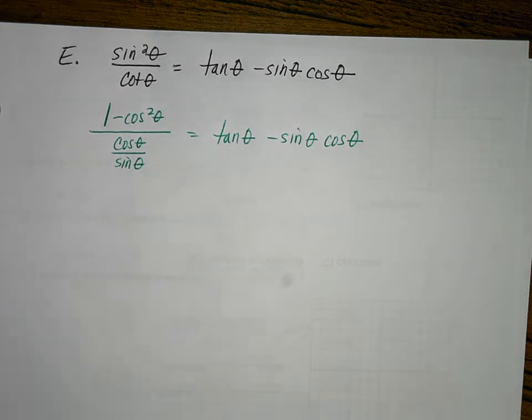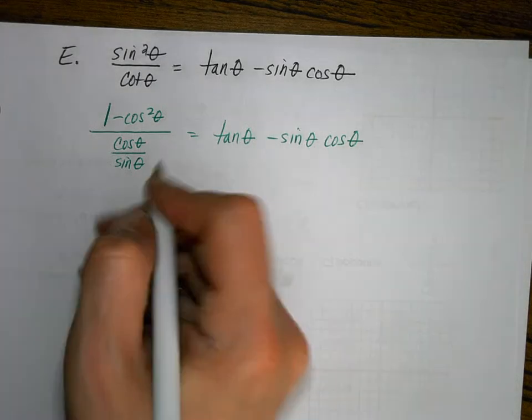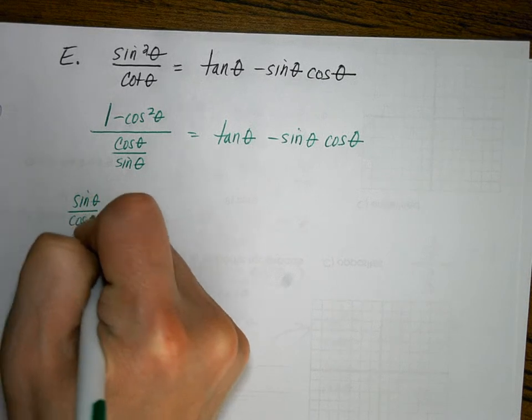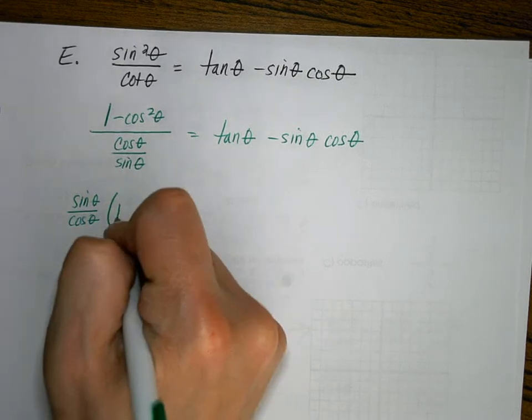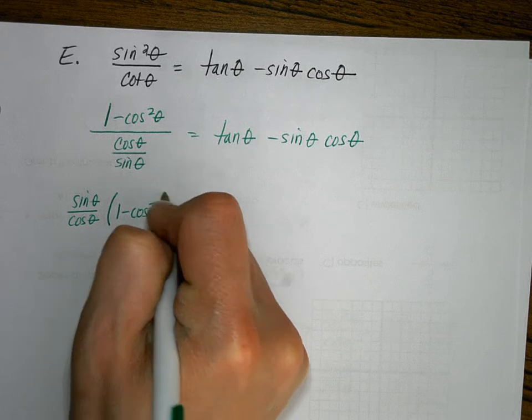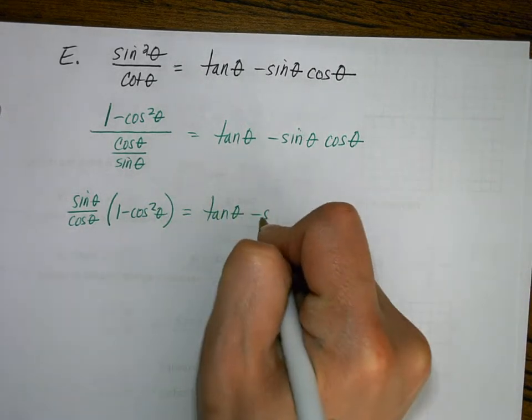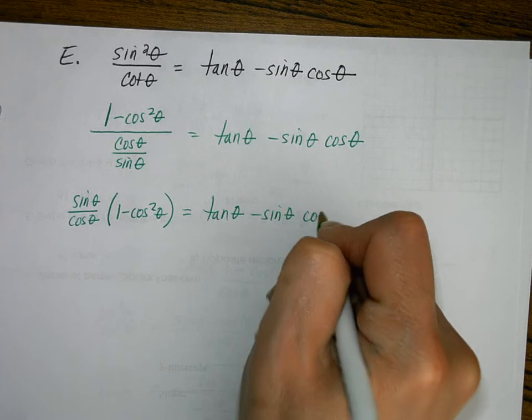I am dividing by a fraction. What can I do? Multiply by its reciprocal, absolutely. So I have sine of theta over cosine of theta multiplied by the quantity of 1 minus cosine squared of theta is equal to tangent of theta, subtract sine of theta cosine of theta.